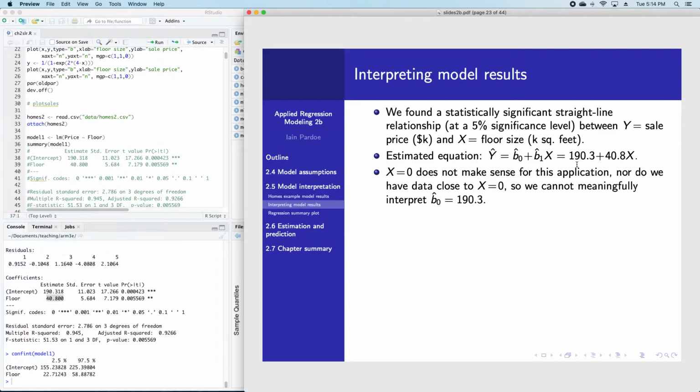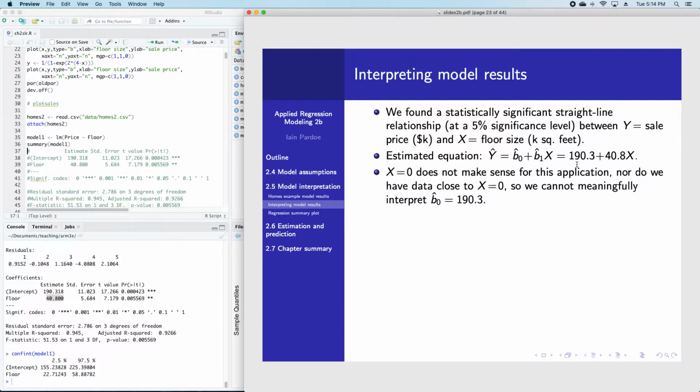So the y-intercept has definition that it is the expected value of y when x equals 0, but only if x equals 0 makes sense for the particular application and if we have data close to x equals 0.